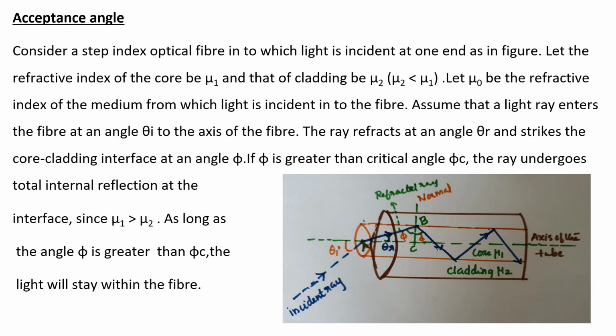If this angle of incidence at the core cladding region, phi, is greater than the critical angle phi c, then only the ray undergoes total internal reflection at the interface. If the angle phi is less than phi c, then the light ray will go out of this core region.